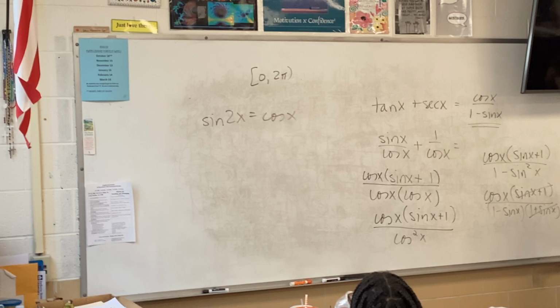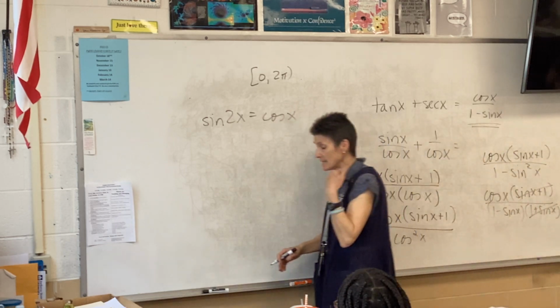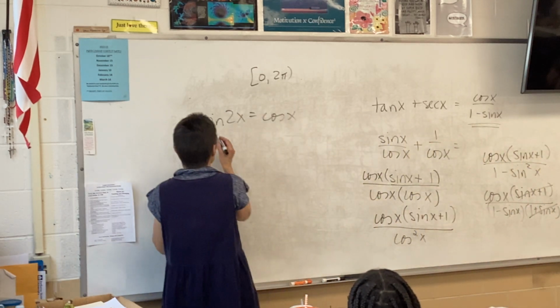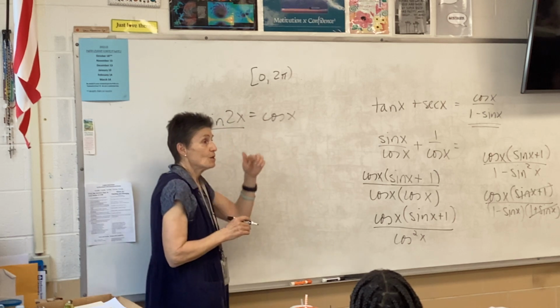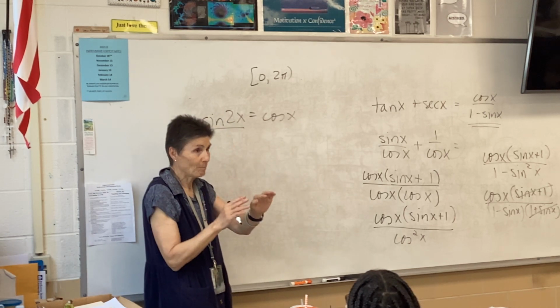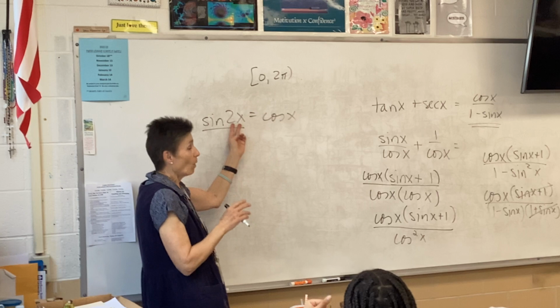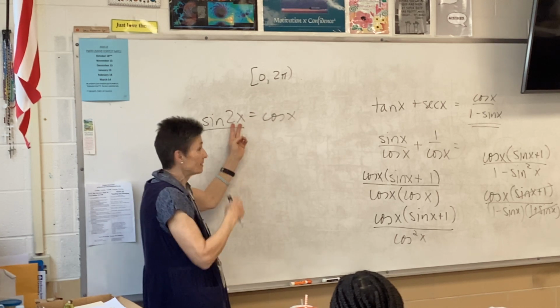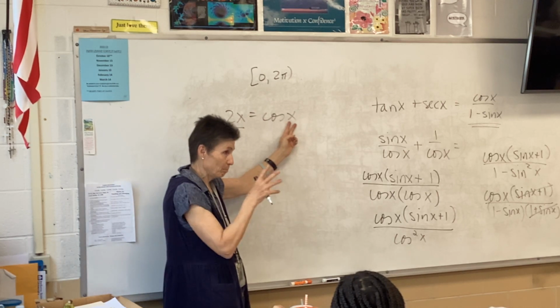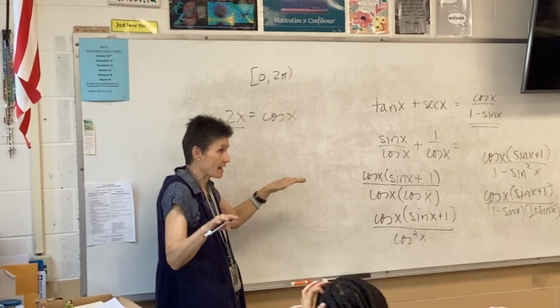We have to do like the one we did in place. No. What I want, I need to use my reference sheet though. What's sine 2x? You can't do the problem if one angle is a 2x and one angle is a plain x. They have to all be the same.